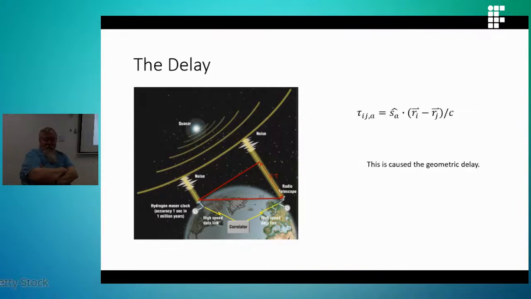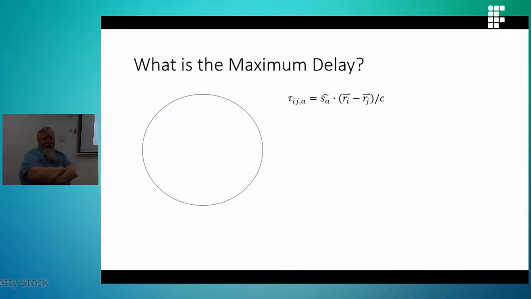I have a question for you, and I'm going to give you about 3 minutes to think about it. Here's a picture of the Earth. What is the maximum delay we can measure? I'll tell you that the first time people asked me this, I said, oh, it's obvious.